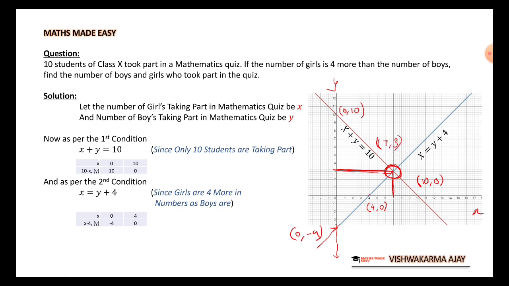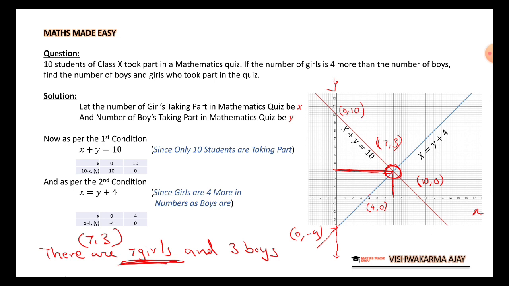So 7 comma 3 is our solution set, meaning there are 7 girls and 3 boys, total 10 students, and 7 is more than 3 by 4. There are 7 girls, which are 4 more than 3 boys.